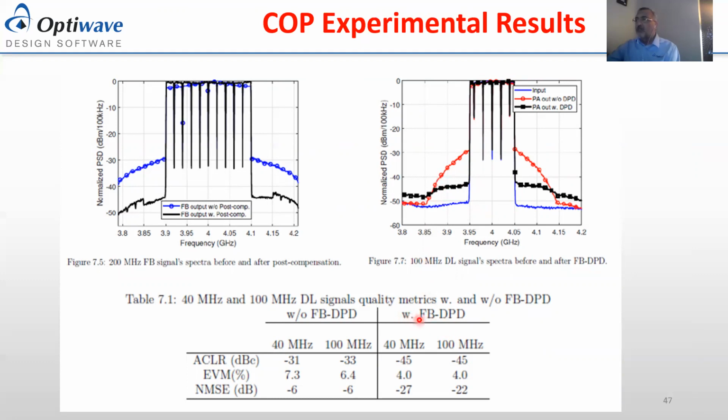With the feedback signal, for a signal of 40 megahertz bandwidth, the improvement in the adjacent channel leakage is from -31 to -44, the EVM drops from 7 to 4, and the normalized mean square error goes from -6 to -24, which is a huge improvement.